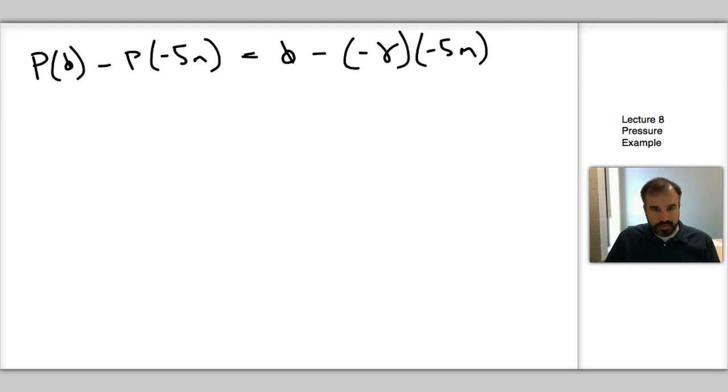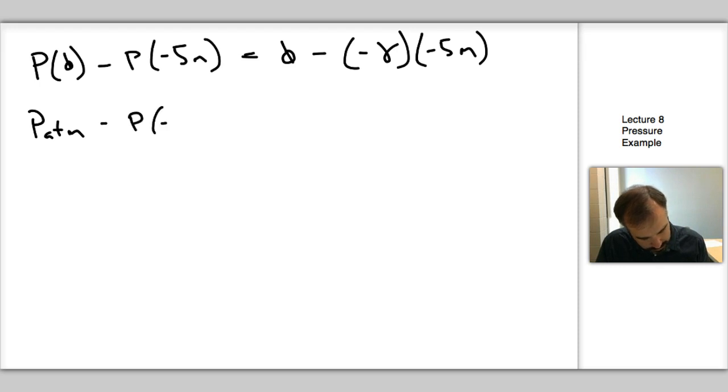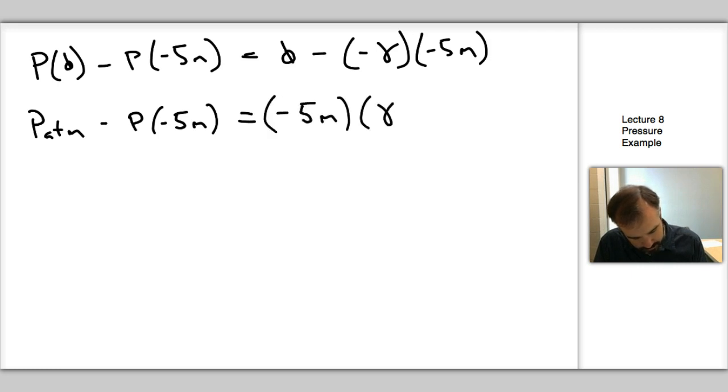All right, so we plugged in P at 0, that's PATM. So P atmospheric minus P at negative 5 meters is equal to negative 5 meters times gamma. Okay?